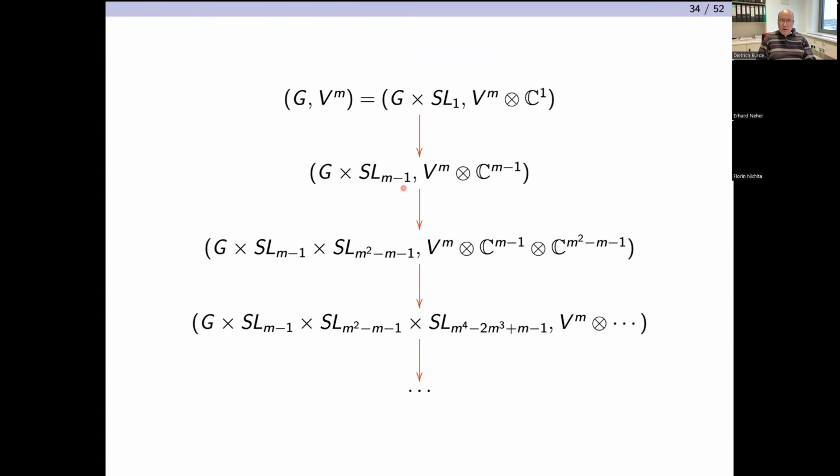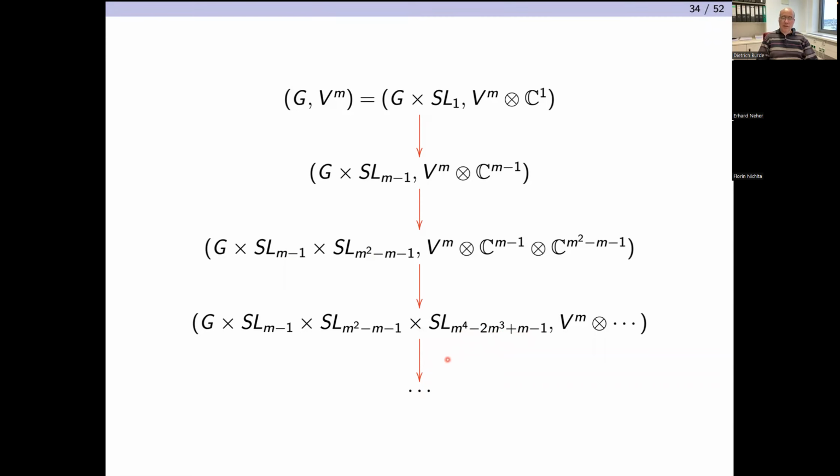You do it again, applying it recursively, you get the next one. And that's what you saw in the beginning in this table, where you get GLM, then SLM times the one-dimensional stuff, then m-1, m squared minus m-1, and then it goes on. Oh, I was wrong with the cube. The next one is degree 4, so m to the 4 minus and so on. And this gets worse and worse. But this is known.